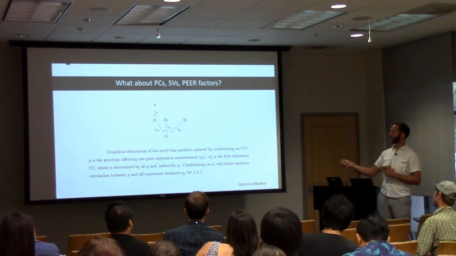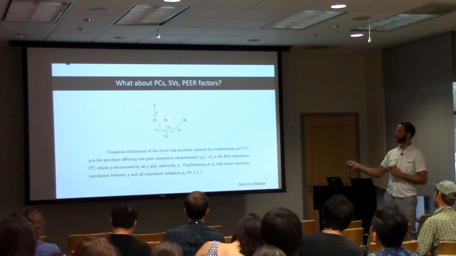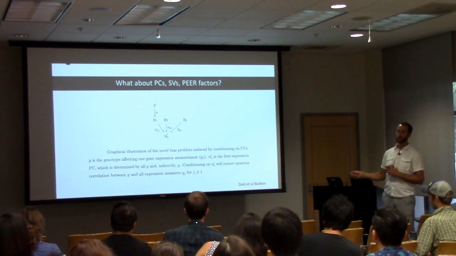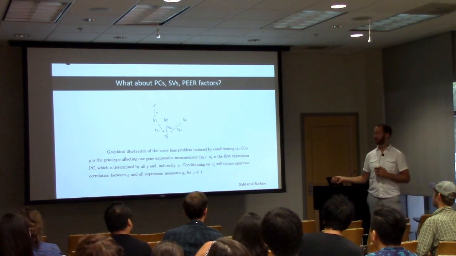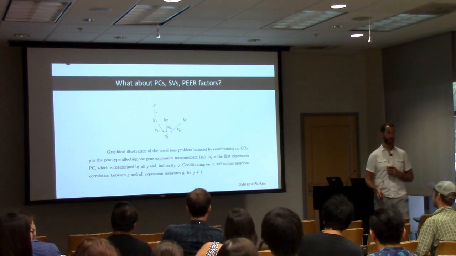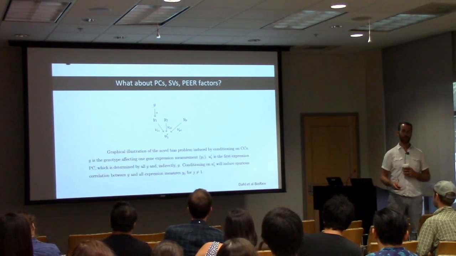If we have an effect of G on one of them, and we look at the effect between G and say Y2 or any of the other ones conditional on U1, for the reasons we talked about before and other reasons that Andy talks about in his paper, you can induce a correlation that wasn't there before.